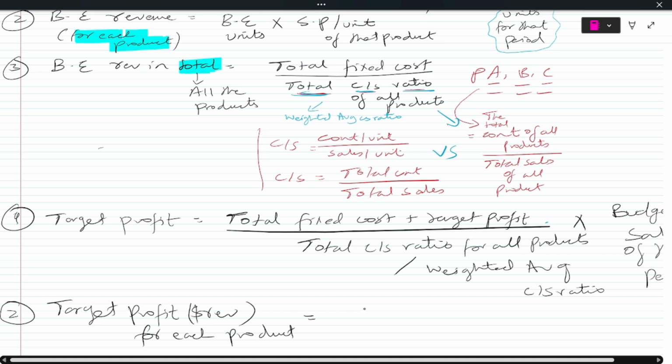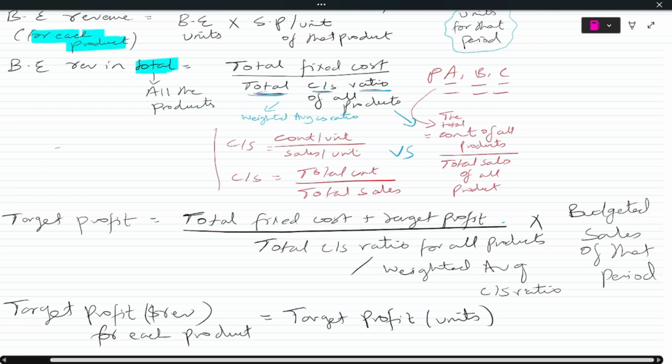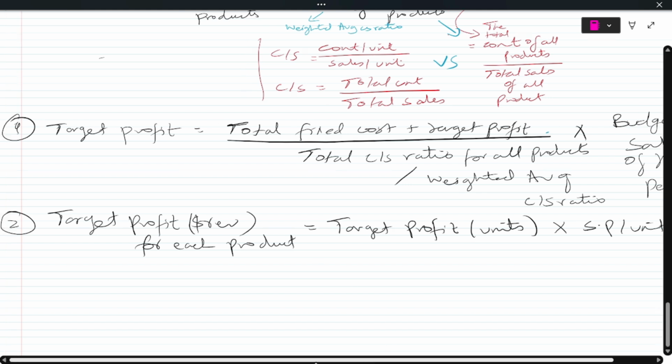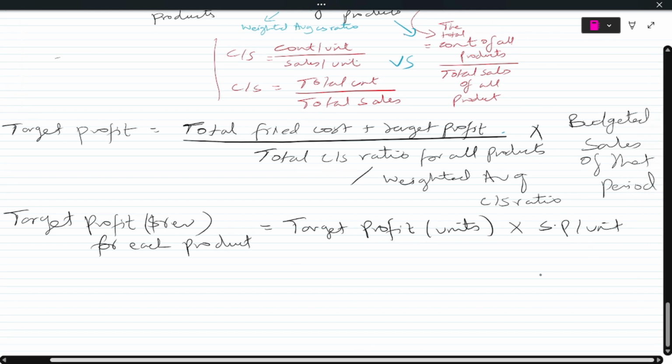I am going to take the target profit in terms of units that I need to sell, which I'm going to get from my first formula, and then I'm going to multiply this with the selling price per unit of that product.